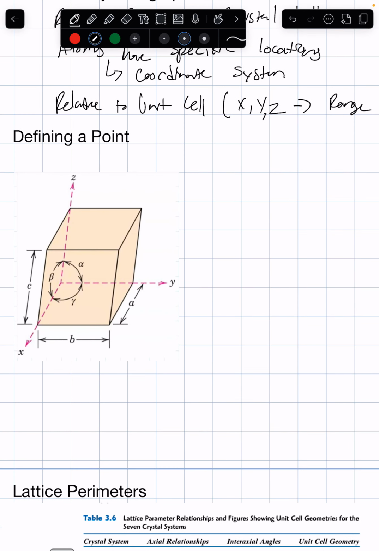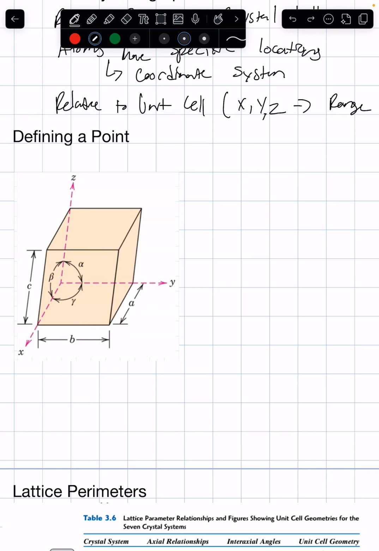Right here we have, in this case, we're thinking about XYZ, but they're using ABC, same thing. We can see side A is parallel with X, side B is parallel with Y, and then side C is parallel with Z. You'll see this pop up in physics as well, or sometimes in linear algebra.